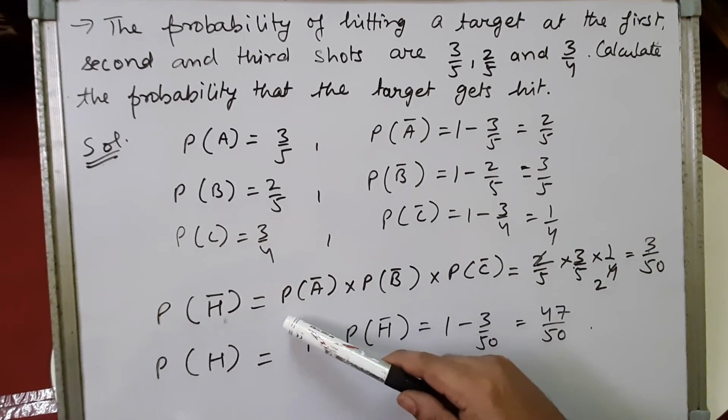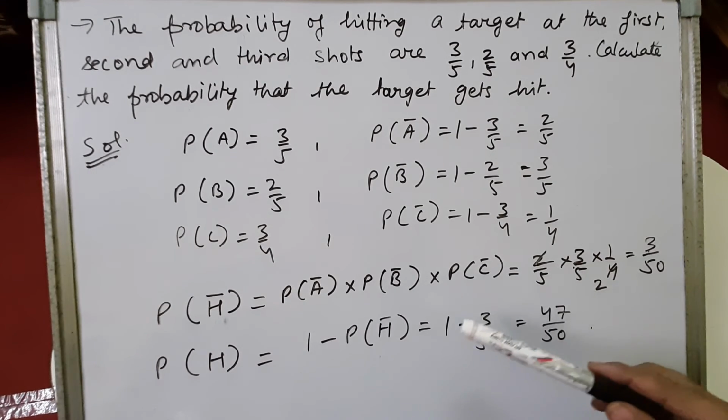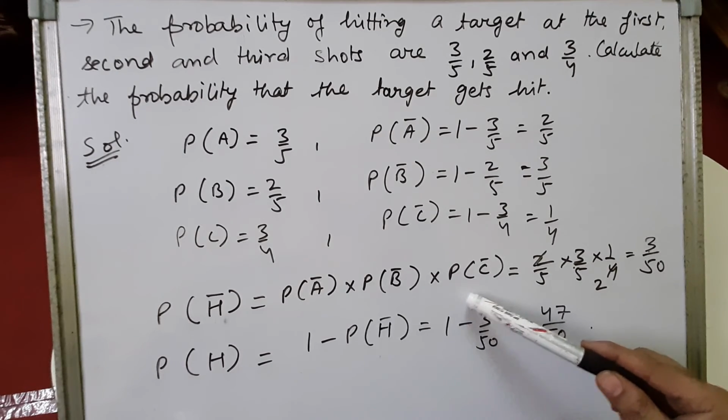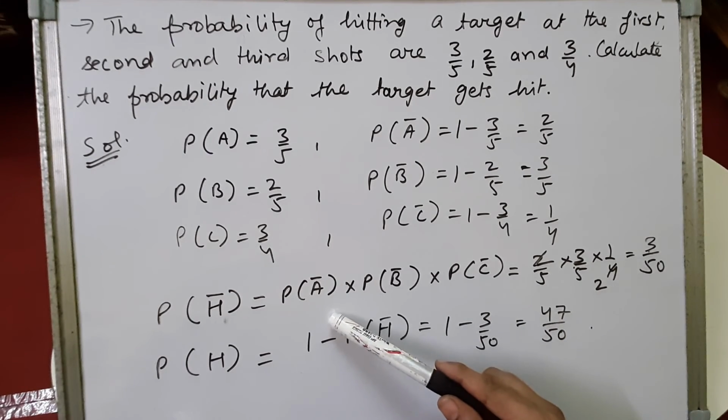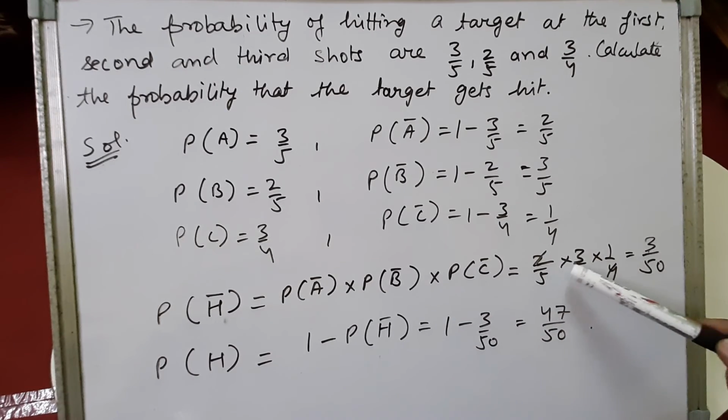So what we'll calculate is that in none of the shots the target got hit. On the first shot it missed, second shot missed, third shot missed. So the target did not get hit by any of the shots. That will be probability of A complement into probability of B complement into probability of C complement. That will be 2 by 5 into 3 by 5 into 1 by 4.